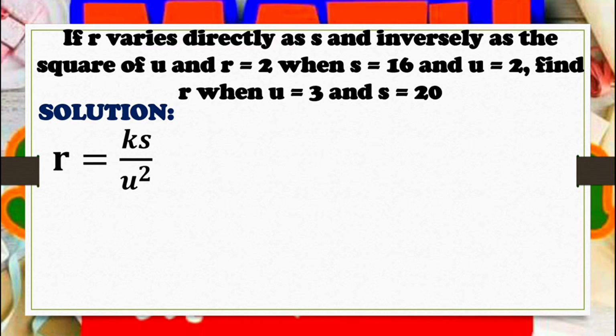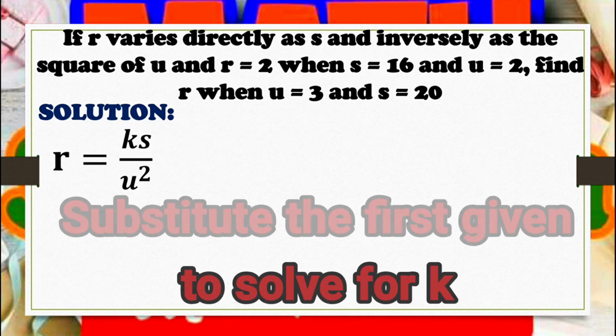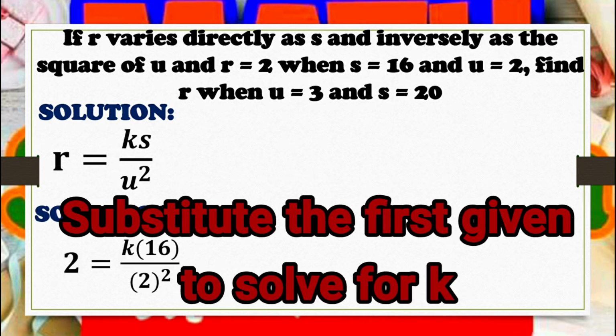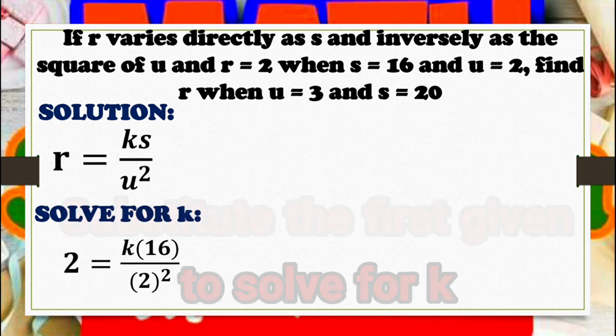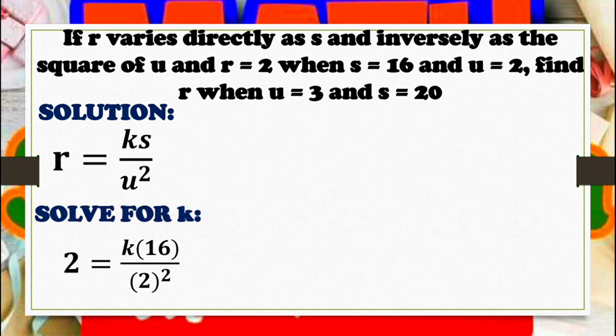Then, remember to use the first set of given as we solve for k. In this case, I am referring to the values of our r, which is equal to 2, s, which is equal to 16, and u equals 2. So we will substitute this in our equation as we solve for k. Then, let us simplify.